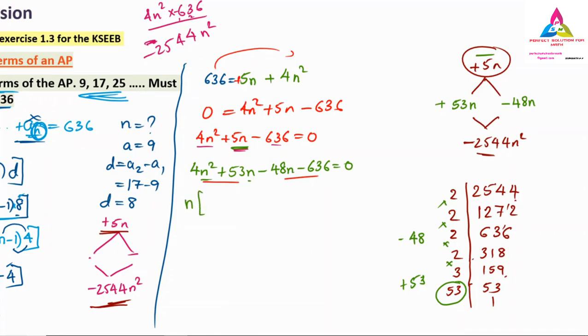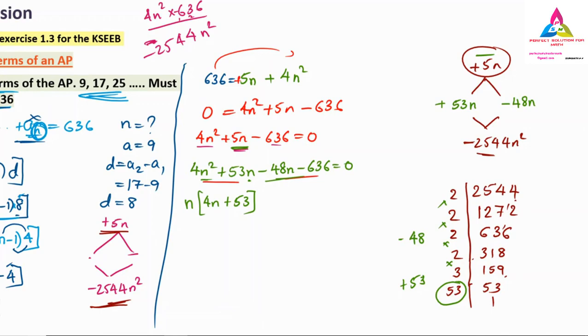So what is left inside? In this 4n square we have taken n common, so left is only 4n, because 4n into n is 4n square. Now in this 53n we have taken n common, so left is only 53. Understood?